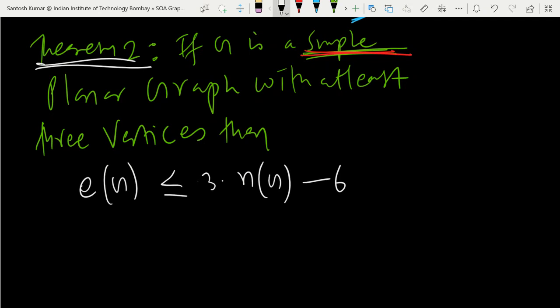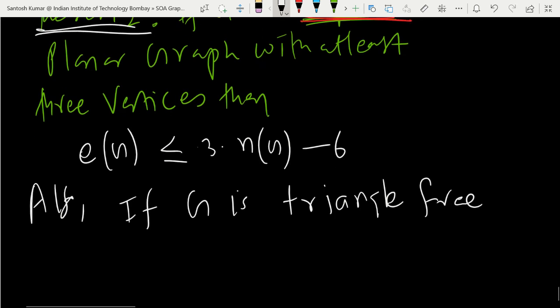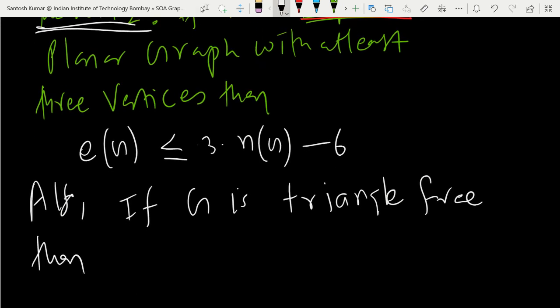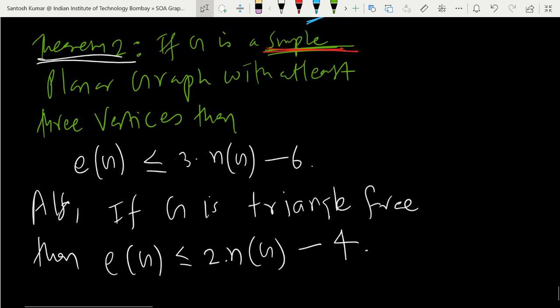And the other result is: if G is triangle free, then the number of edges is less than or equal to 2 times the number of vertices minus 4. So this we have to prove.